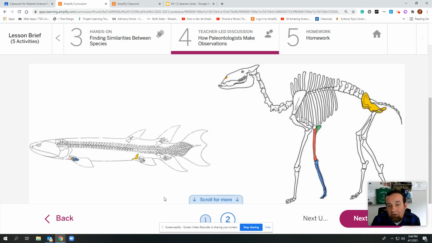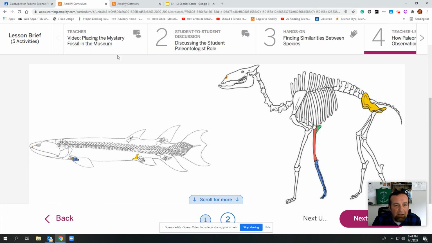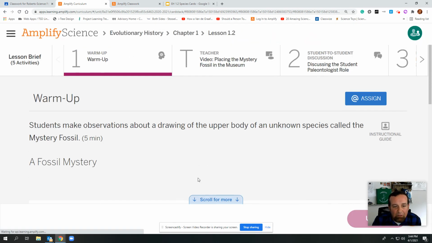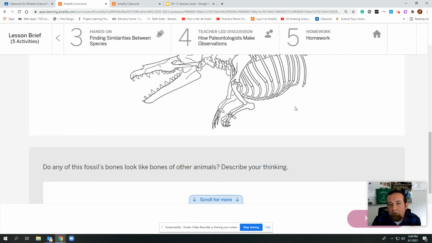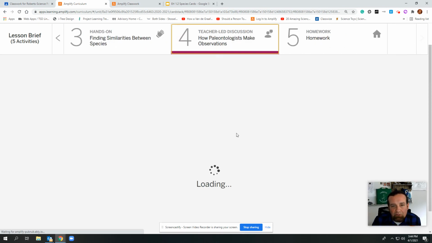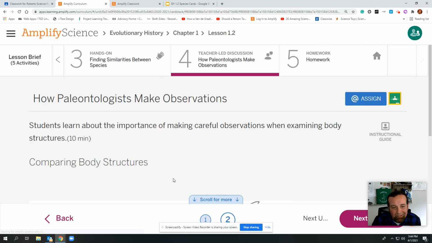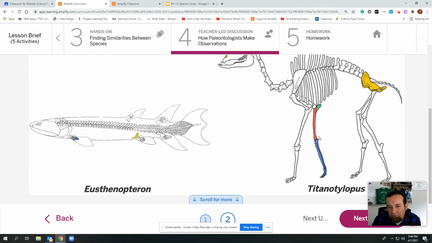So what paleontologists do as they are trying to figure out what fossil fits into our fossil record is, when they have a new fossil, like the mystery fossil from this unit here, they have to look at these bone structures to figure out precisely where they think it should fall in line with that animal's family.